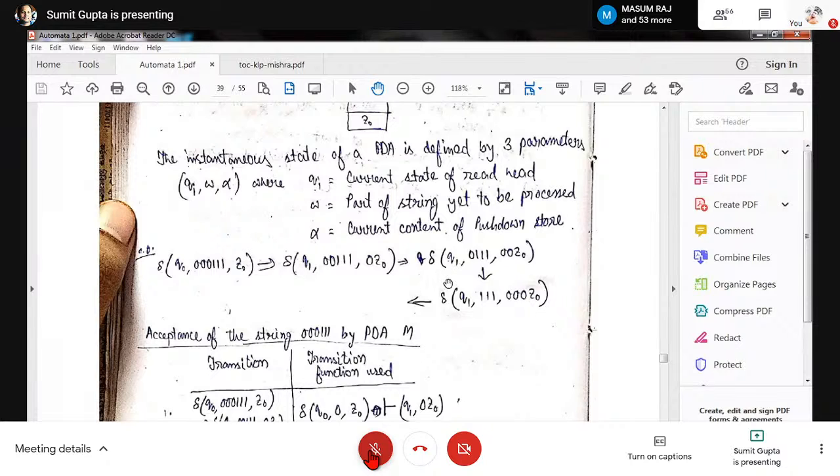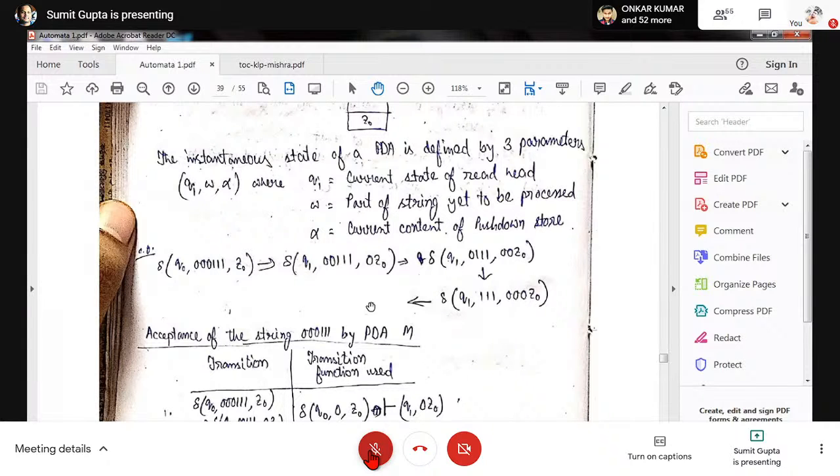But imagine we are at a state Q1 and we apply 0 to it. Will the state change? Generally, 0 is not taken as an input now, as such. That's why we are in the same state. But when we say 1, explicitly I am giving a high input. 1 is considered to be high input now. So at that moment there should be a state change. So Q1 will now become Q2. So it will be Q2, 1 1 1, 0 0 Z0. Is it clear what I'm saying?